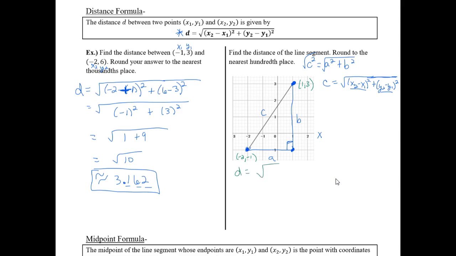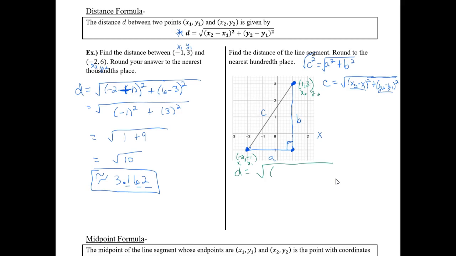Distance equals the square root of the difference in the x values. It doesn't matter which one I pick as point 1. I'm going to say this one is x1, y1. The other is x2, y2.